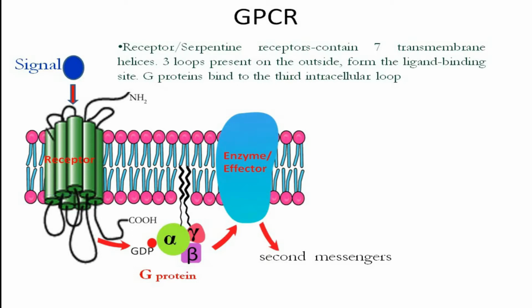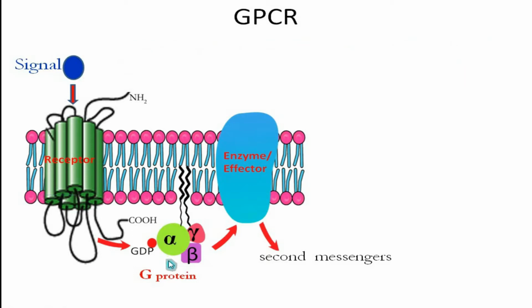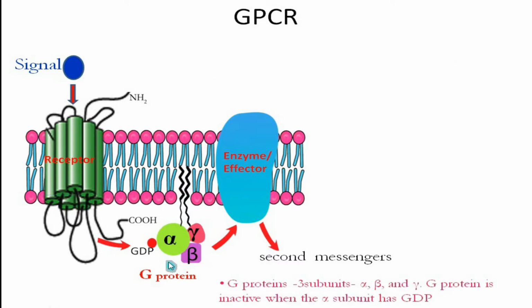And next is G protein. What is G protein? G protein is guanosine nucleotide binding protein. G proteins are heterotrimeric because a G protein consists of 3 different polypeptide subunits, which are the alpha, beta, and gamma. The guanine nucleotide binding site is present on the alpha subunit.